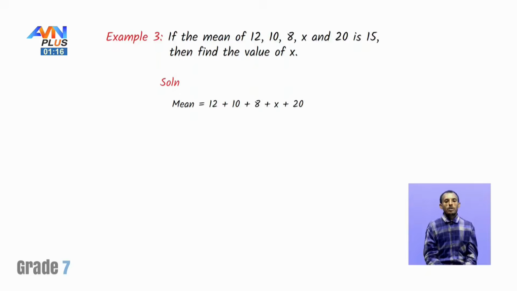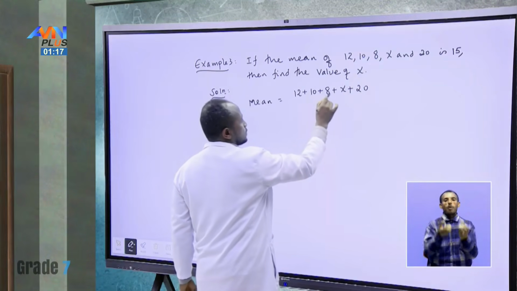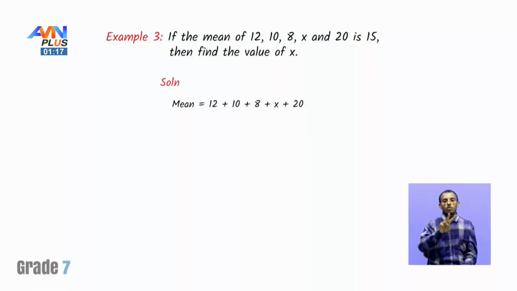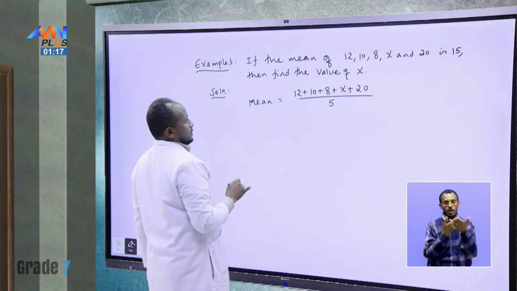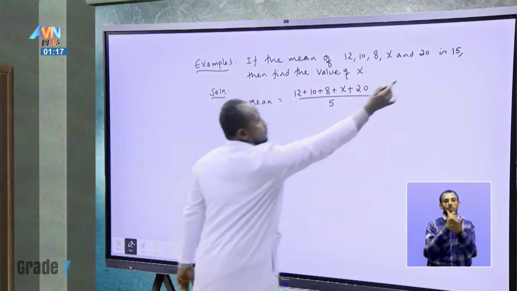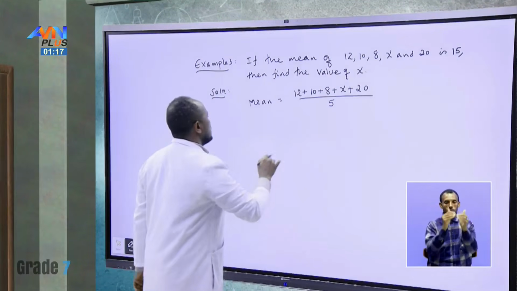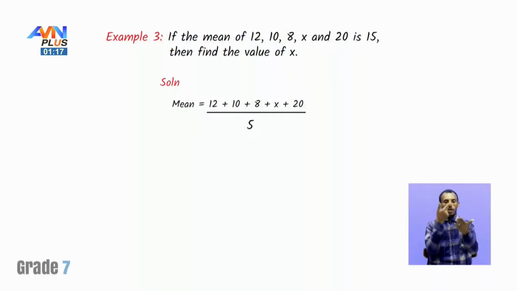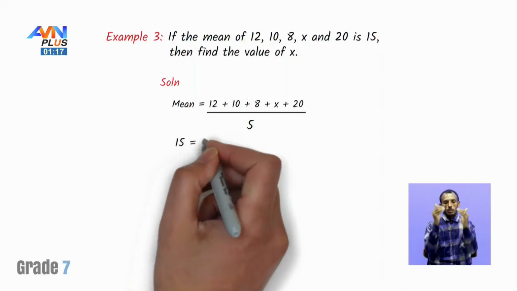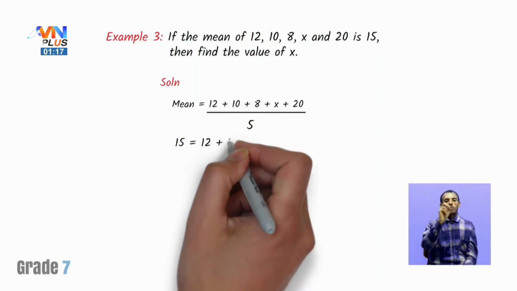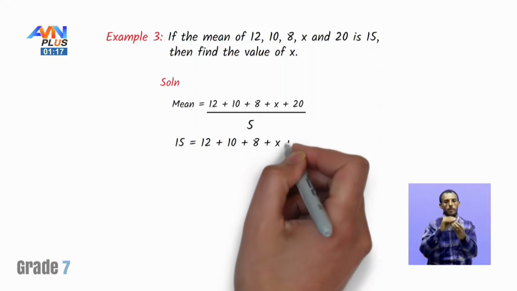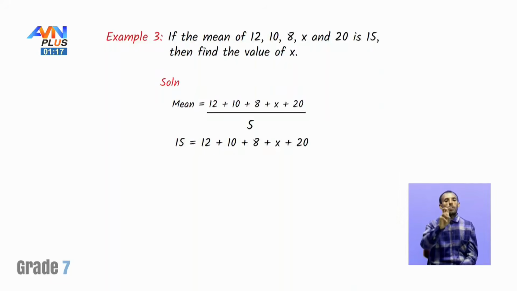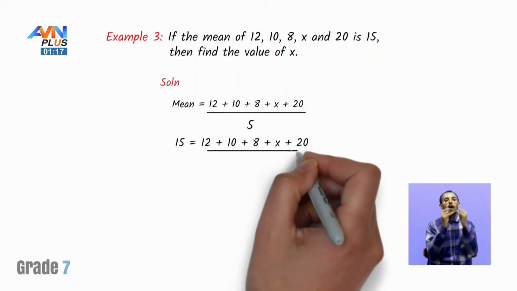We have how many data here? 1, 2, 3, 4, 5. So you divide this by 5. But here, the mean is given to be 15. Therefore, 15 is equal to 12 plus 10 plus 8 plus x plus 20 divided by 5.